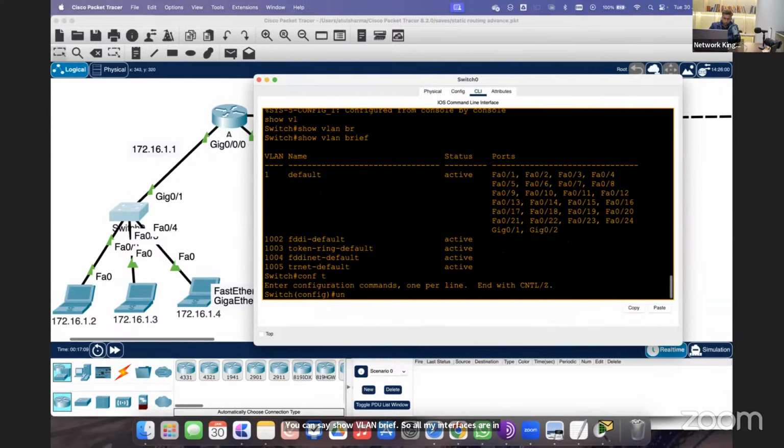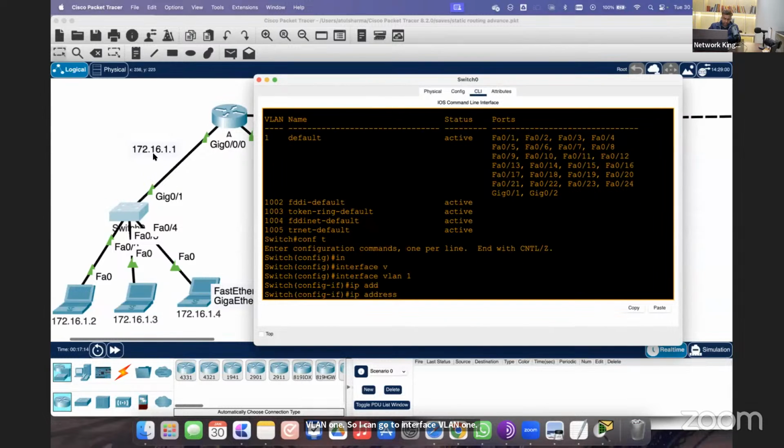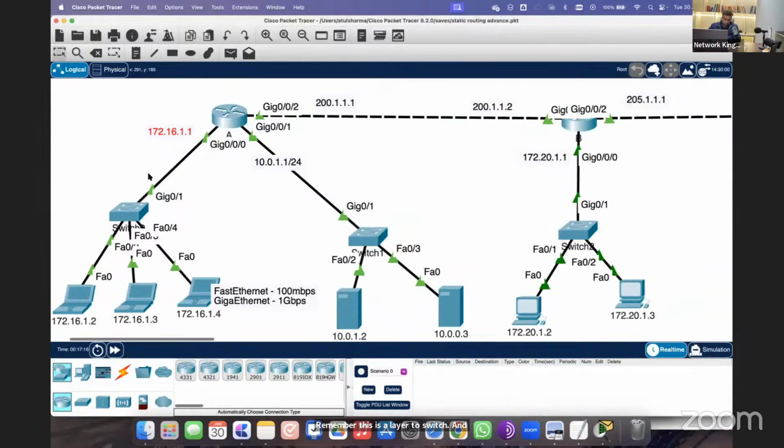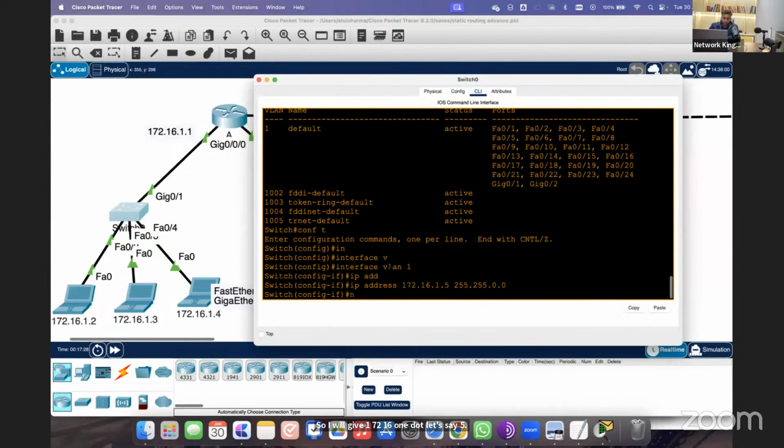So I can go to interface VLAN 1. Remember, this is a layer 2 switch, and give it an IP from the same setup where my router and computers are. So I will give 172.16.1.5, same subnet. Very cool.